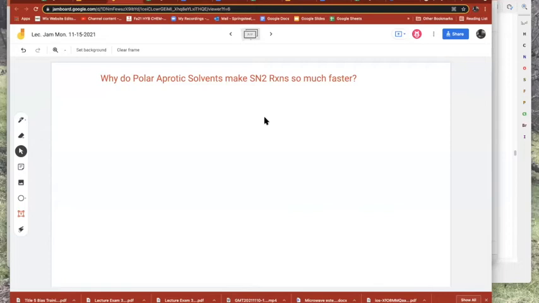When I have, say, hydrogen sulfide as my nucleophile, and then I've got a good SN2 electrophile here, my SN2 electrophile wants to come in and kick off that bromine, to do the SN2 reaction.